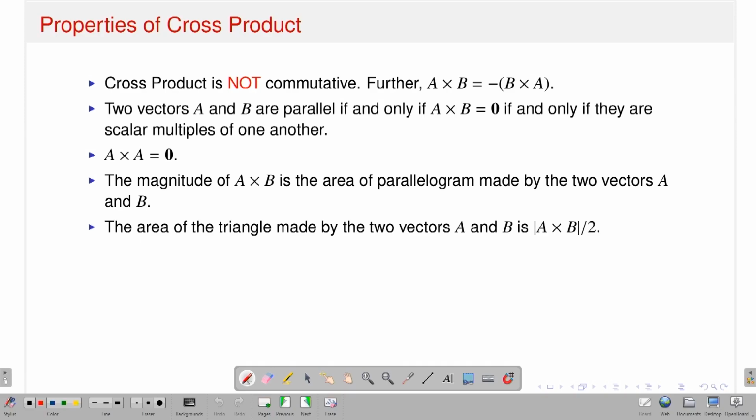The area of the triangle made by these two vectors is half of that parallelogram area, that is, basically the modulus of A cross B, or magnitude of A cross B, divided by 2.